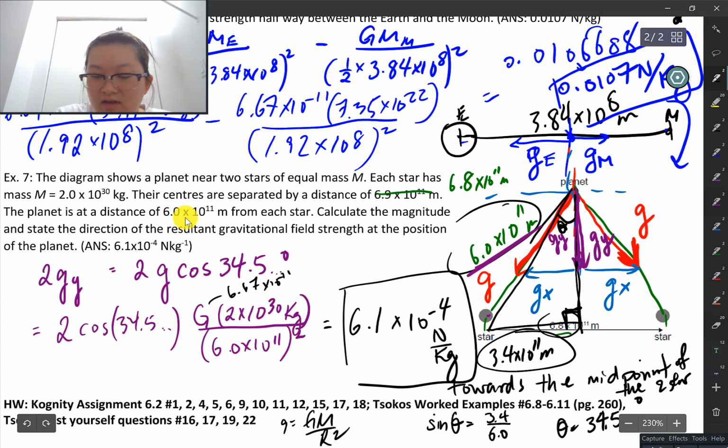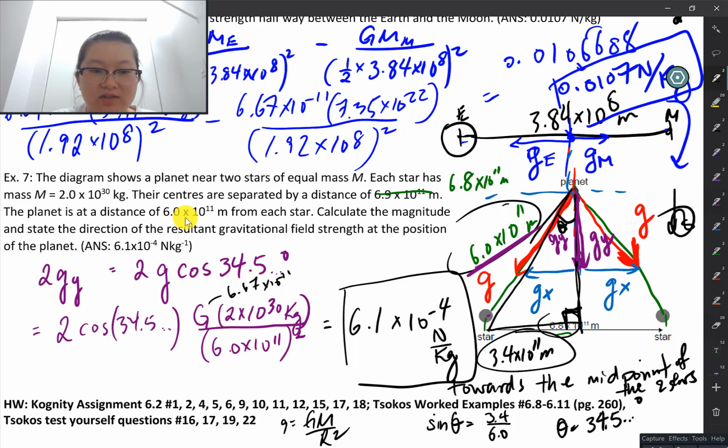Of course, if you label this as south, sure, you can do that as well. But really, in outer space, there is technically no north, south, east, west. Everything is relative, so there's no absoluteness in that case. So relative to the stars, or towards the midpoint of the two stars, works just fine.